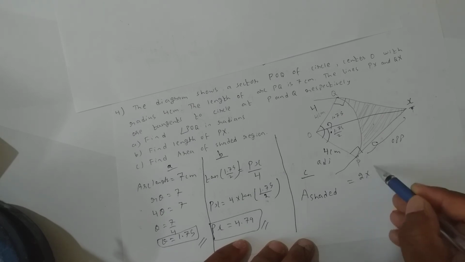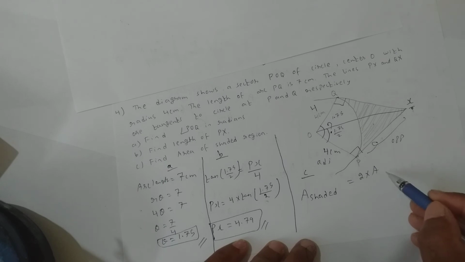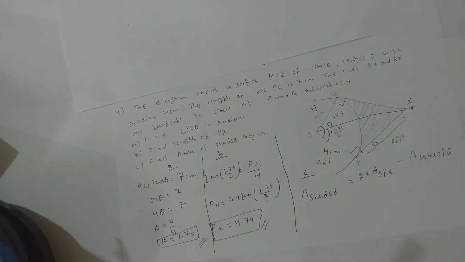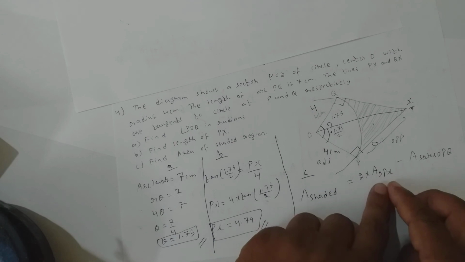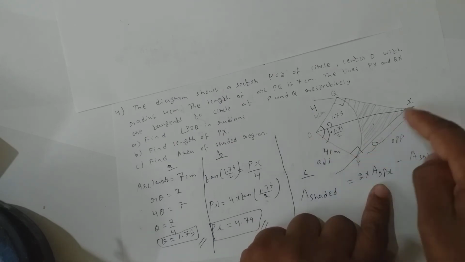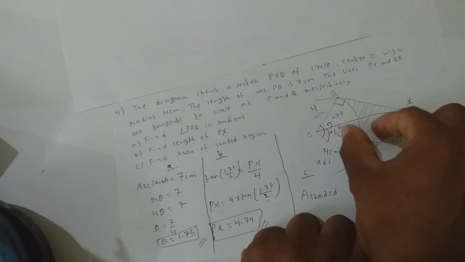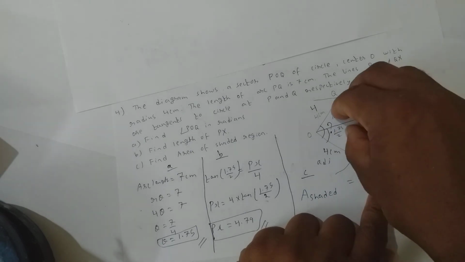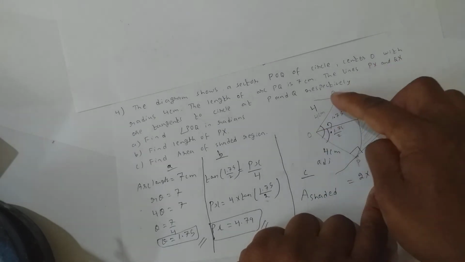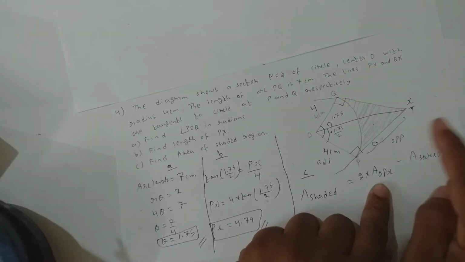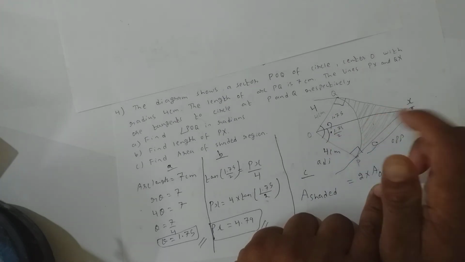2 into area of one triangle, which is OPX, minus area of sector OPQ. Is it clear? If I multiply area of OPX into 2, this triangle plus this triangle will give me the entire area. This entire quadrilateral area I will get if I multiply this one triangle area into 2.